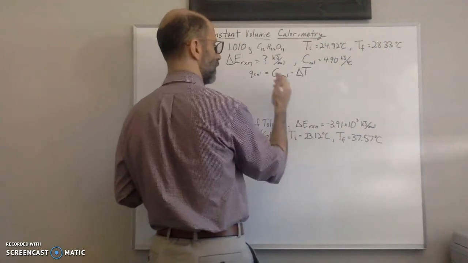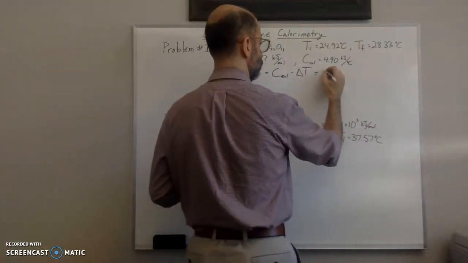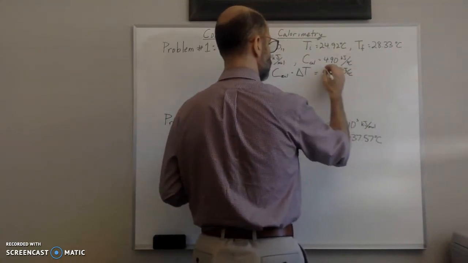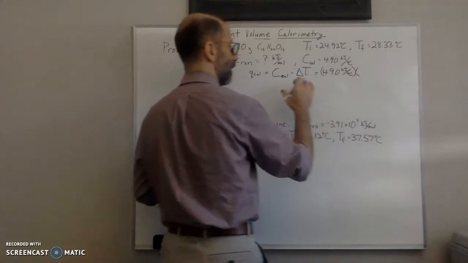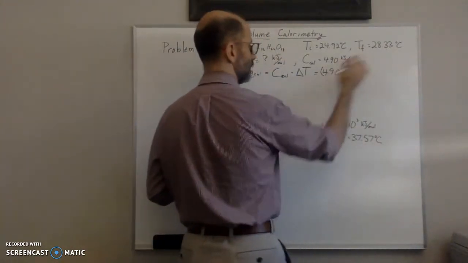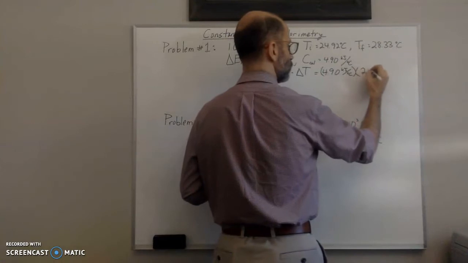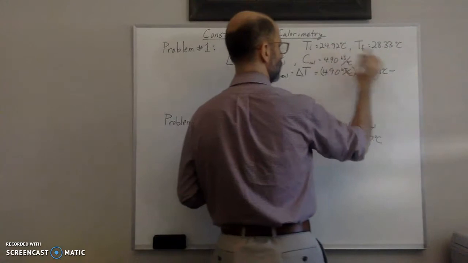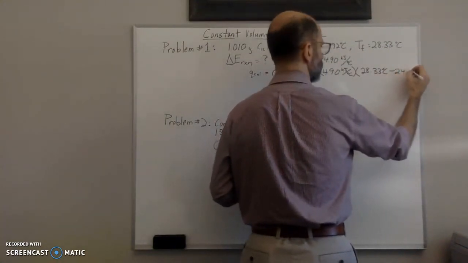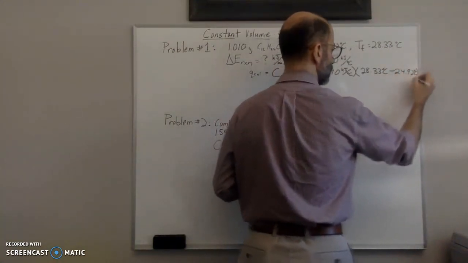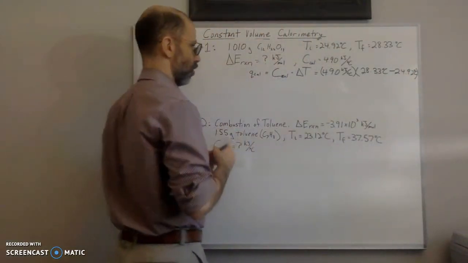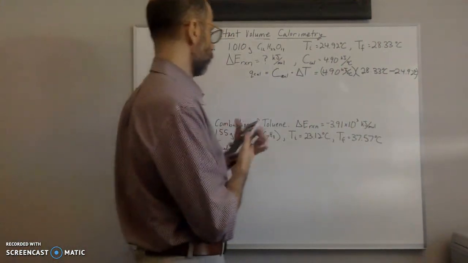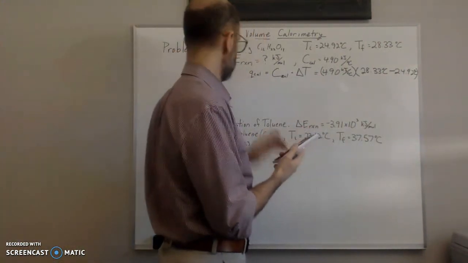We're given the calorimeter constant, so this is going to be equal to 4.90 kilojoules per degree Celsius. We have the temperature change, which is final minus initial. The final temperature is 28.33 degrees Celsius. The initial temperature is 24.92 degrees Celsius. And if we calculate this, we'll get the amount of heat absorbed by the calorimeter.